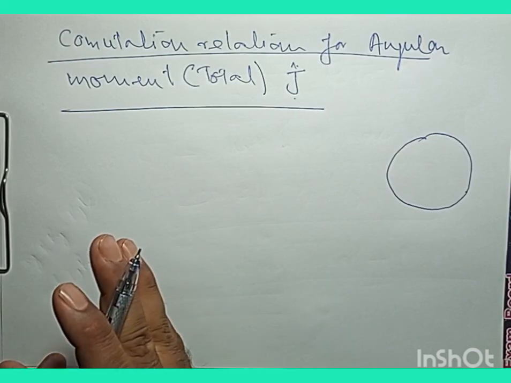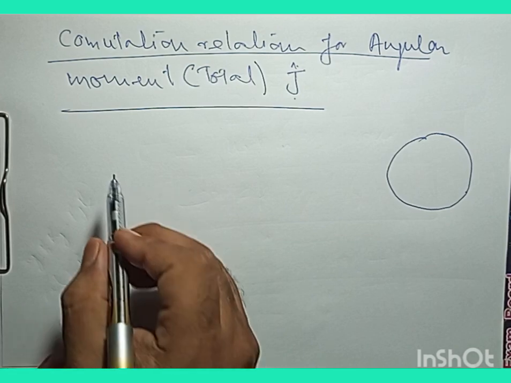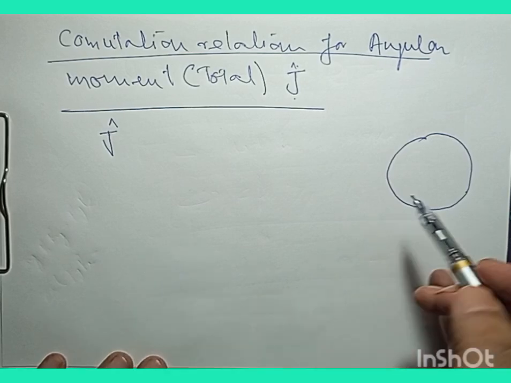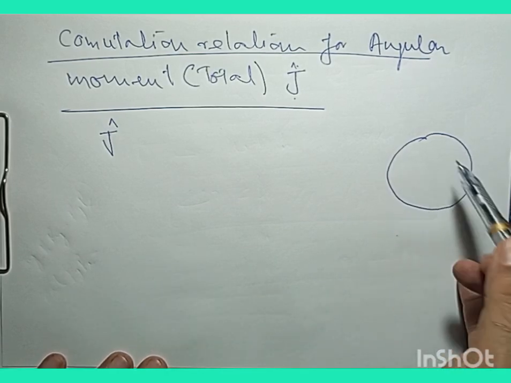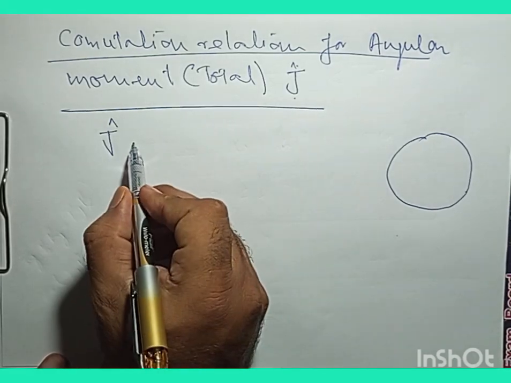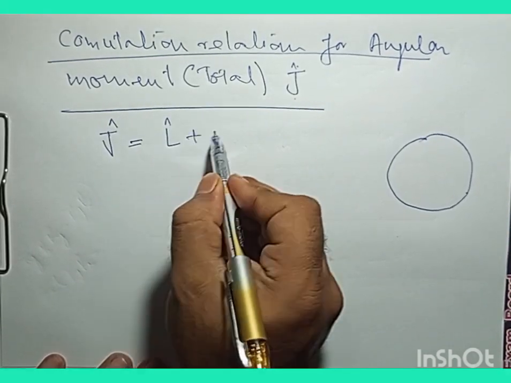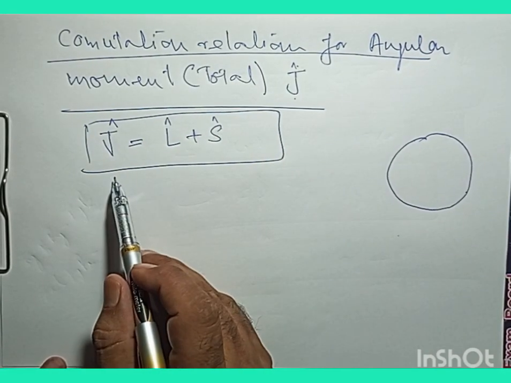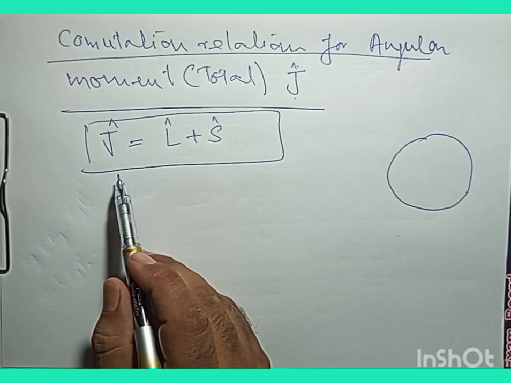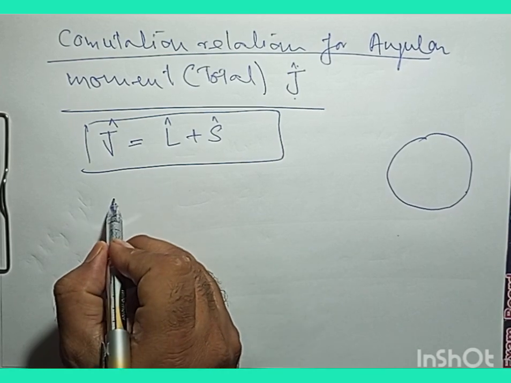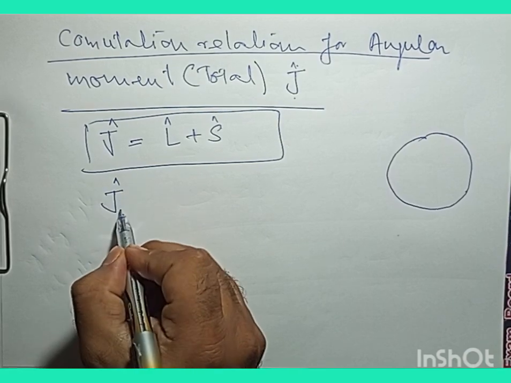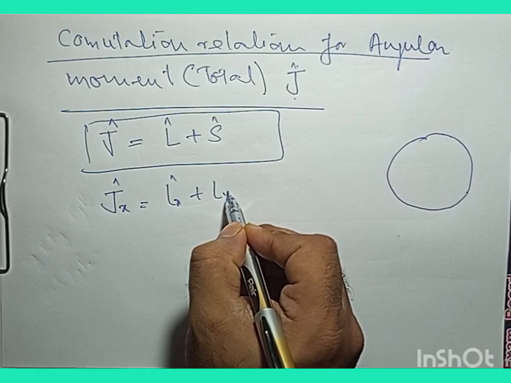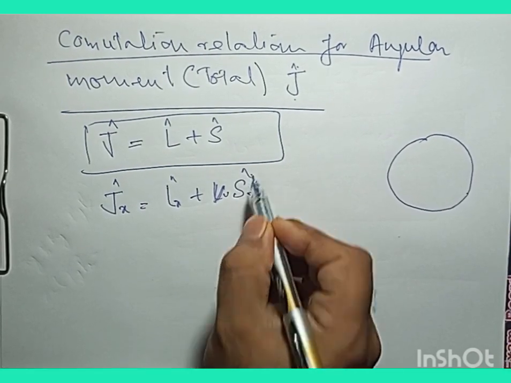So if we go with the definition of this total angular momentum J, it combines both orbital as well as the spin angular momentum of the particle. So J is L plus S. If we write down this angular momentum J in terms of its components, we'll have Jx cap as Lx cap plus Sx cap.